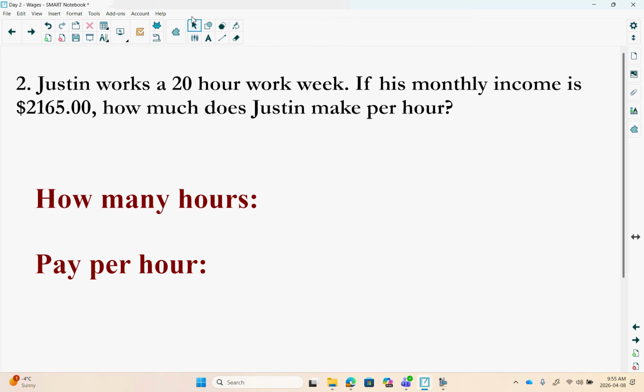So if you wanted to know how many hours Justin works in 1 month, or in the average month, you would take 20 hours and you would multiply it by 4.33. Or we said 13 over 3.